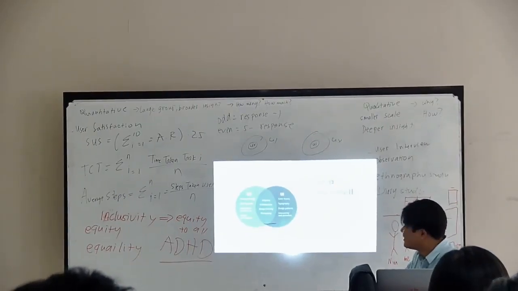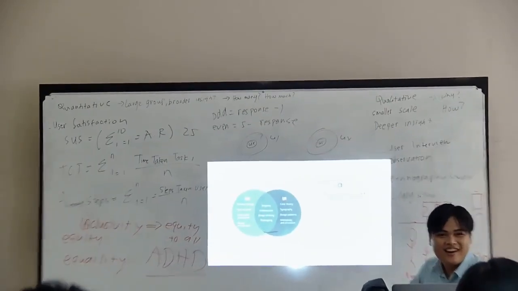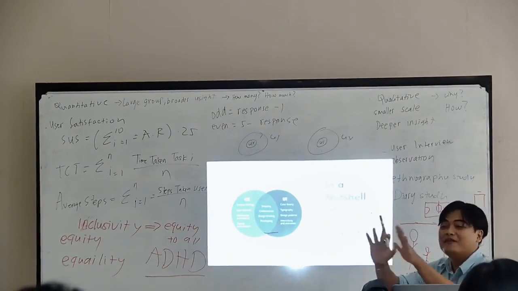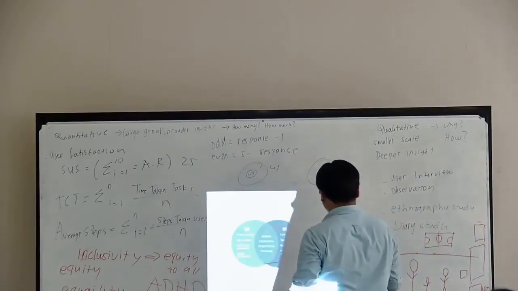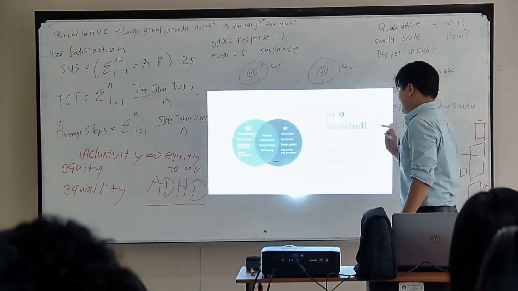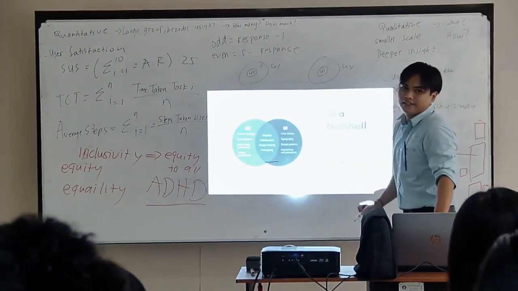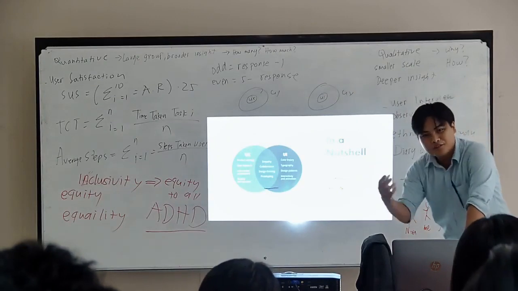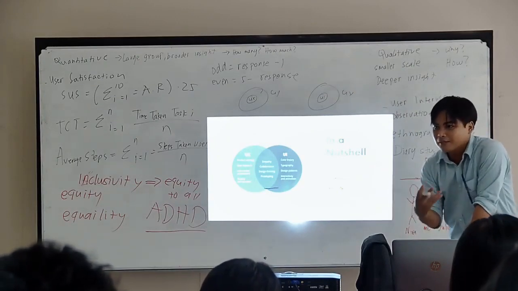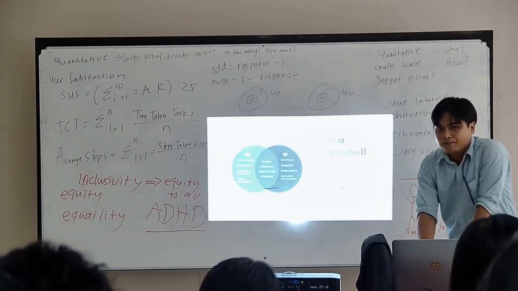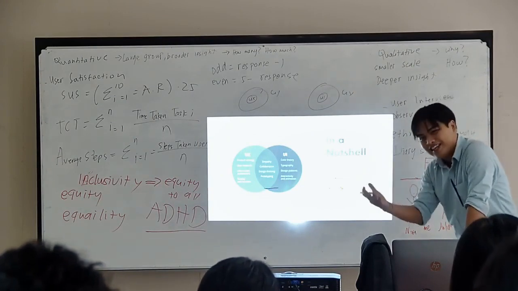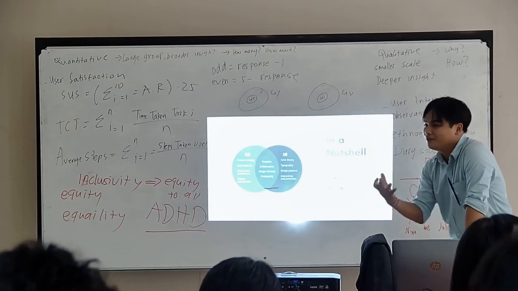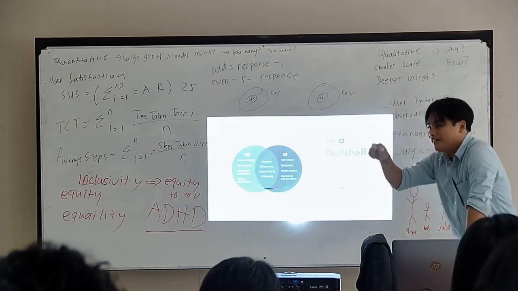So in a nutshell, in summary, UI is about looks, UX is about feelings. UX is that before you use the app, you already have a perception of the app. UI is when you use the app and see how the design looks.